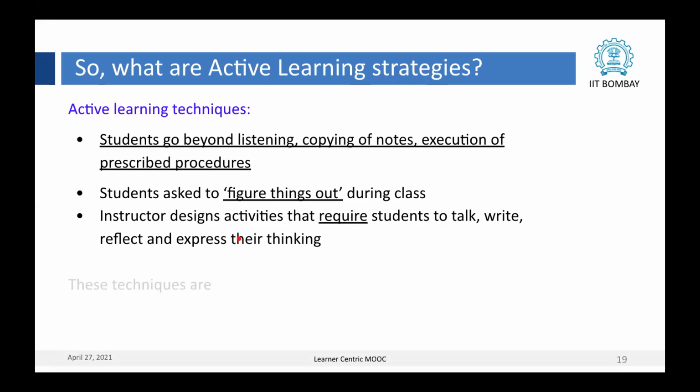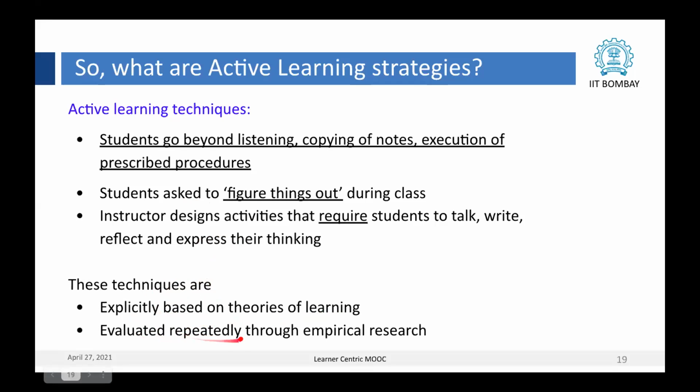So what I mean is, these techniques should be based on theories of learning. Some of you have mentioned some techniques, and these could be evaluated repeatedly through empirical research. Suppose you're not following any theories, or you're not reading, but intuitively based on your experience, you think that this 5 minute activity will definitely help students in learning my topic or subject.